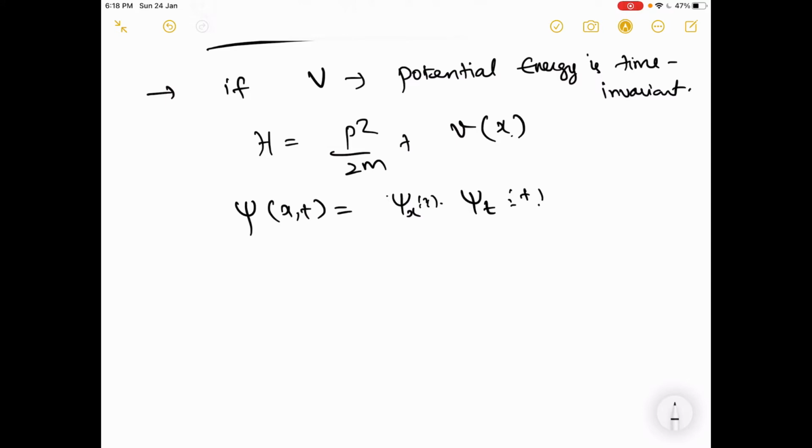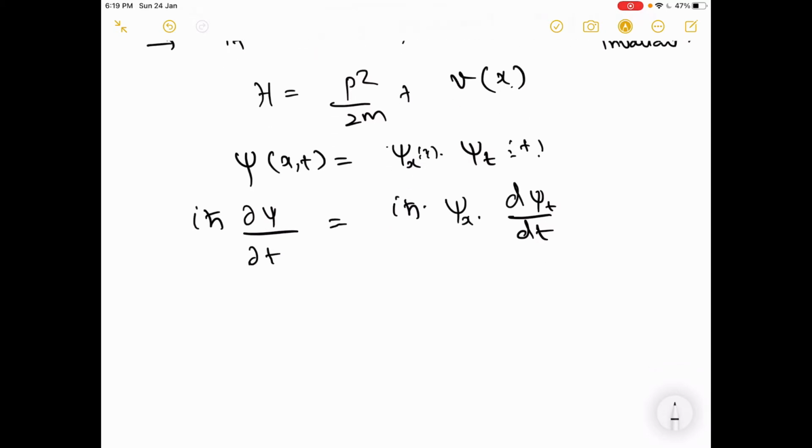Now let me substitute. I h bar dou psi by dou t can now be written as I h bar psi x d psi by dt, right? Because I have split it into two and psi t is a pure function of t, so the partial differential is now converted into a normal differential.